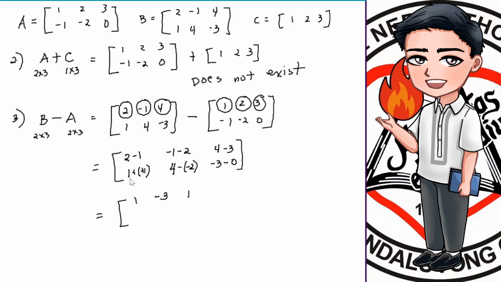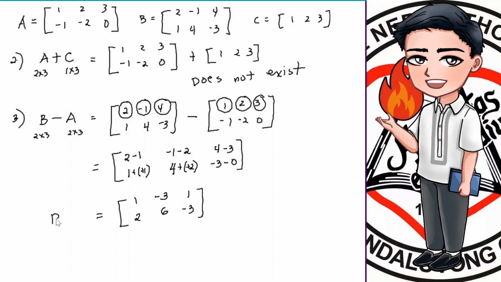So this will become 1 plus positive 1, so we have 2. Same goes with this: it becomes addition, and negative 2 becomes positive, so that will be 4 plus 2, and that is 6. And lastly, negative 3 minus 0 is negative 3.